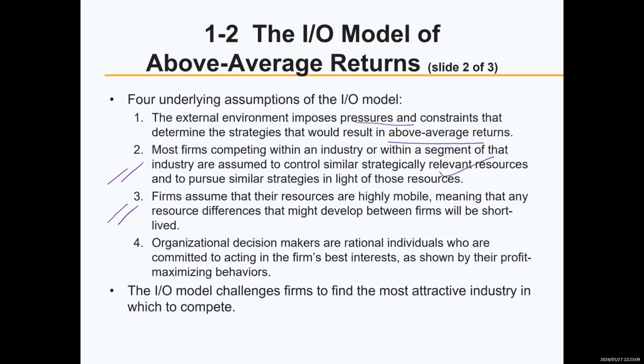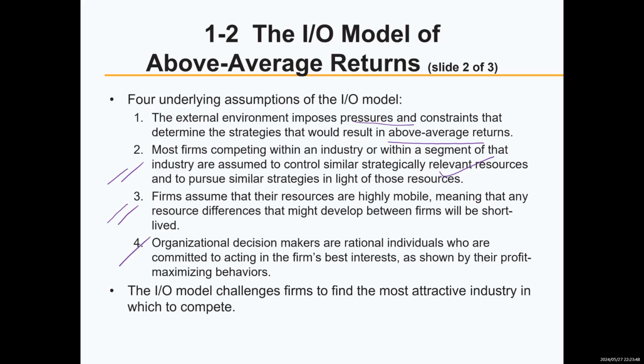Our last one is that organizational decision makers are rational individuals who are committed to acting in the firm's best interest, which means maximizing the profit of the firm, ultimately leading to shareholder wealth, right? So basically, it implies that organizational decision makers will consistently exhibit profit-making behaviors.